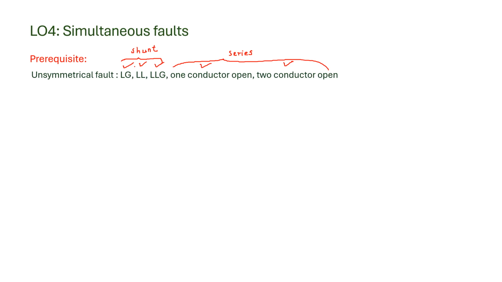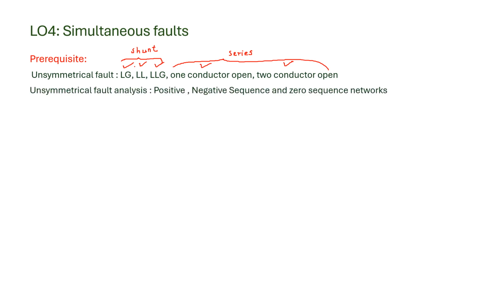Now when such a fault takes place in the power system, how do we do the fault analysis? Whenever we are dealing with unsymmetrical fault, as we discussed in the class, we require three sequence networks: positive sequence network, negative sequence network and zero sequence network.